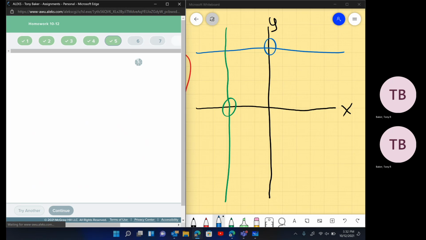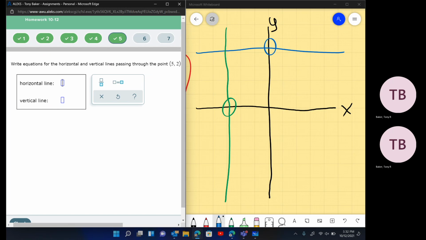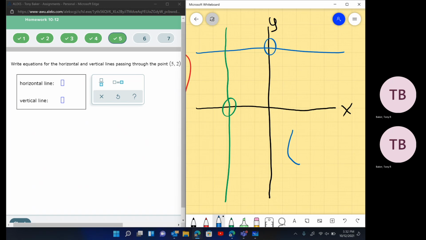They will switch these words up. It's not always going to be y first or x first. To the point. So in this case, my point is 5, 2. They gave me the point as 5, 2. Let me write it here. I don't know what's going on.